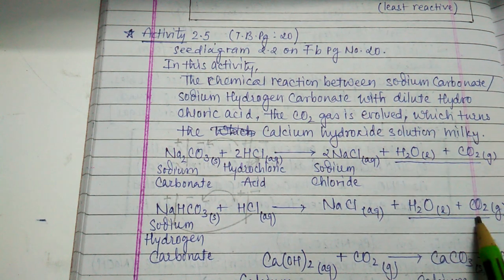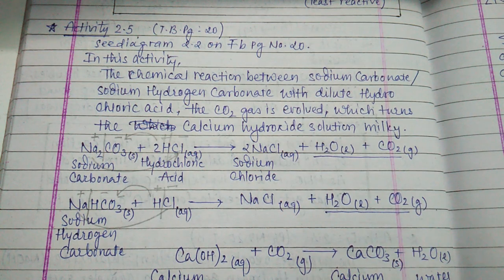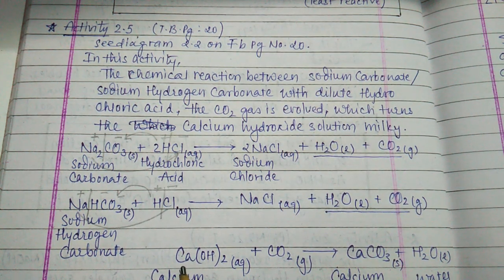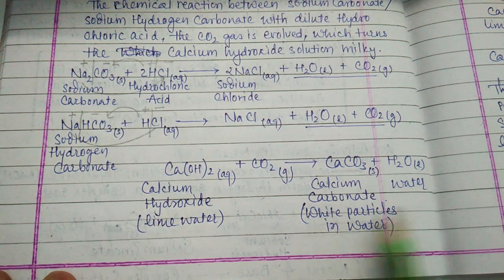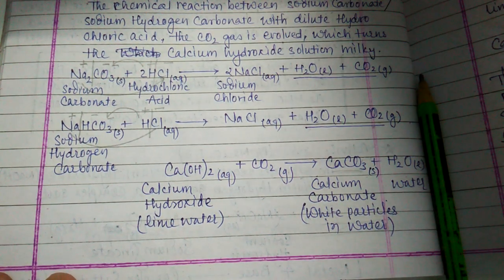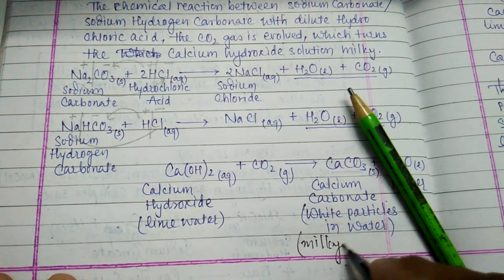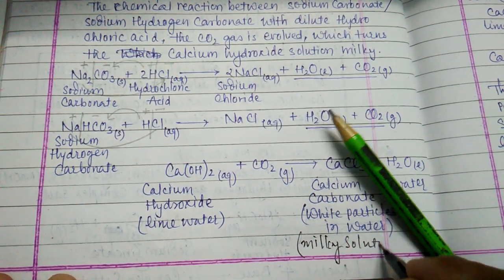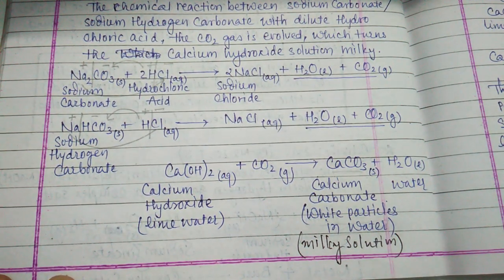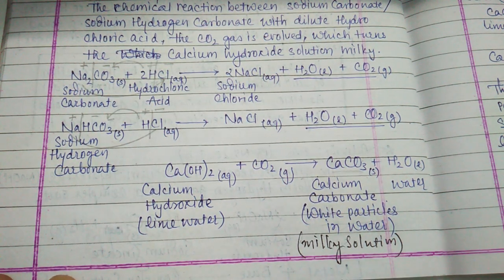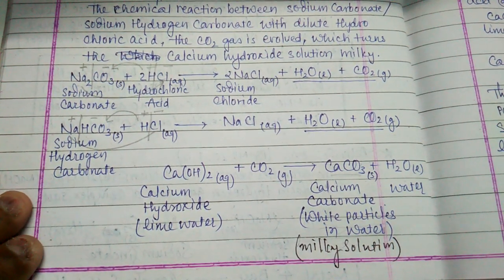And this carbon dioxide goes to the second test tube and reacts with calcium hydroxide to make calcium carbonate, which forms white particles in water. It is a milky solution, CaCO3, due to the formation of calcium carbonate.